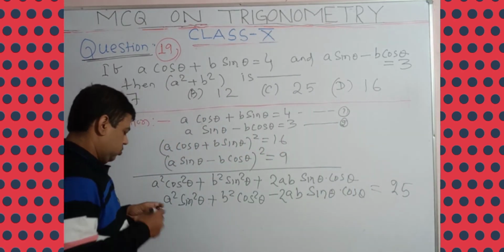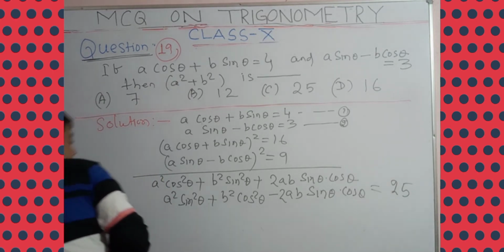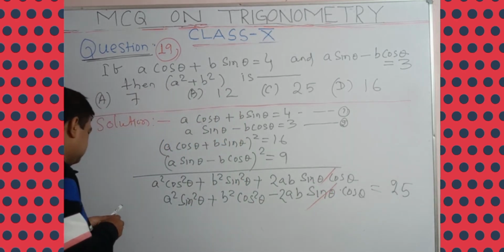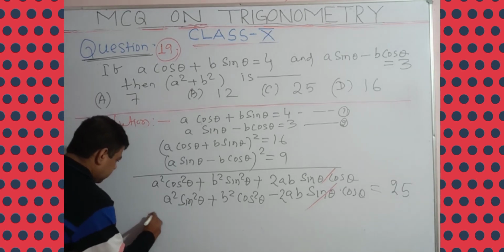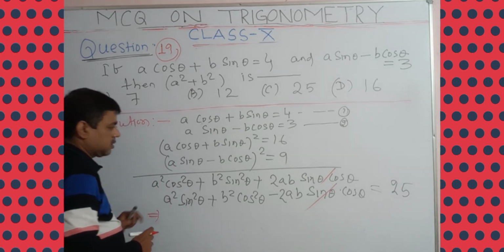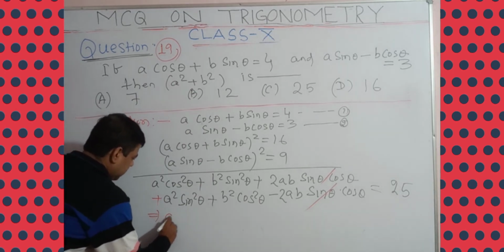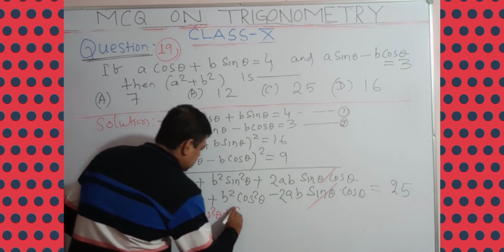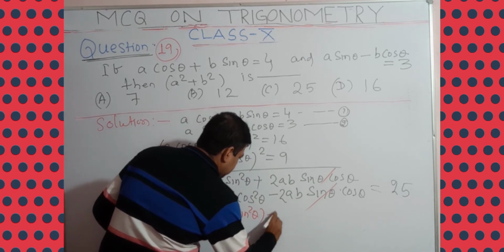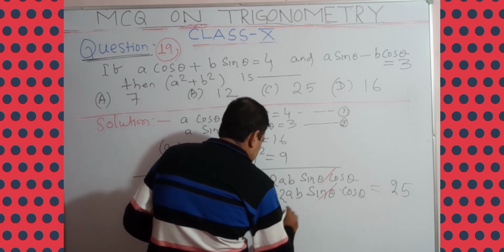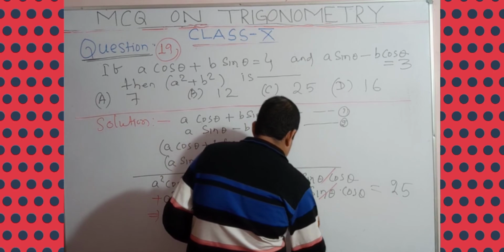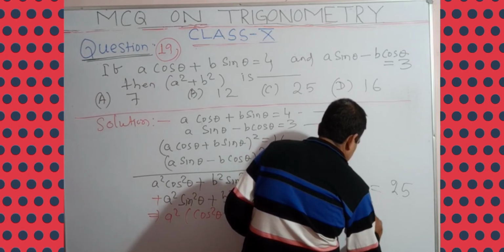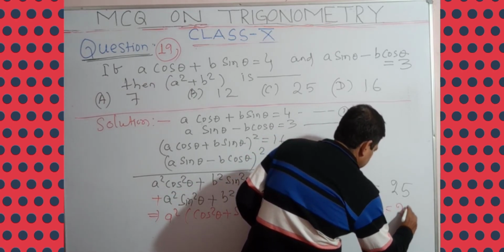Understand? Now you see here clearly, plus 2ab sin theta cos theta and minus 2ab sin theta cos theta can be cancelled. Then you bring the common factor: a square cos square theta plus a square sin square theta. Here sin is plus, so you can bring a square as common, it will be cos square theta plus sin square theta, plus b square taken as common factor, it will be sin square theta plus cos square theta, is equal to 25.